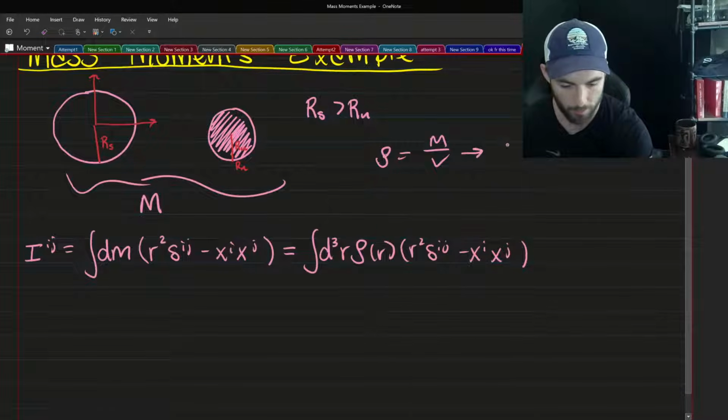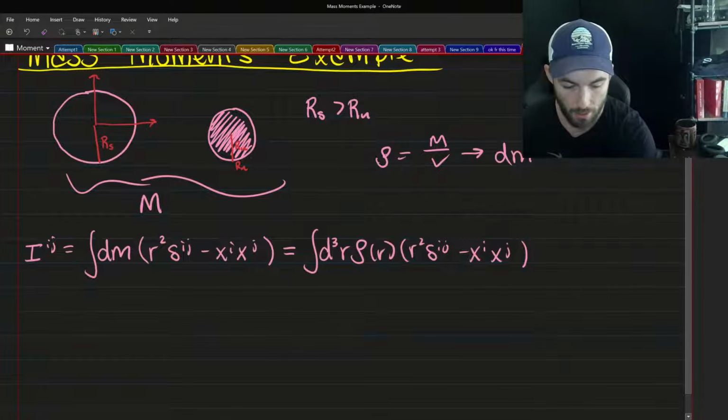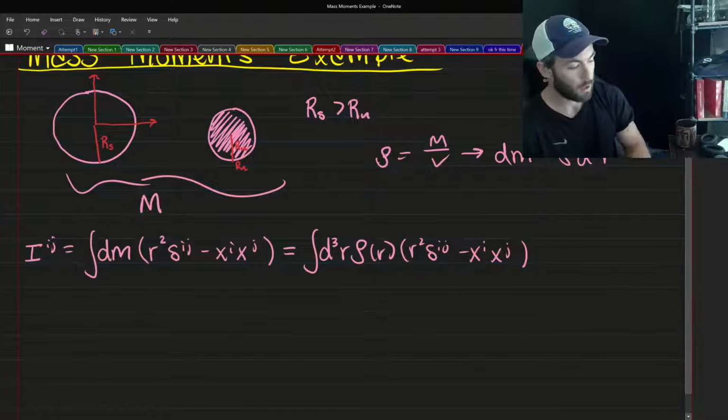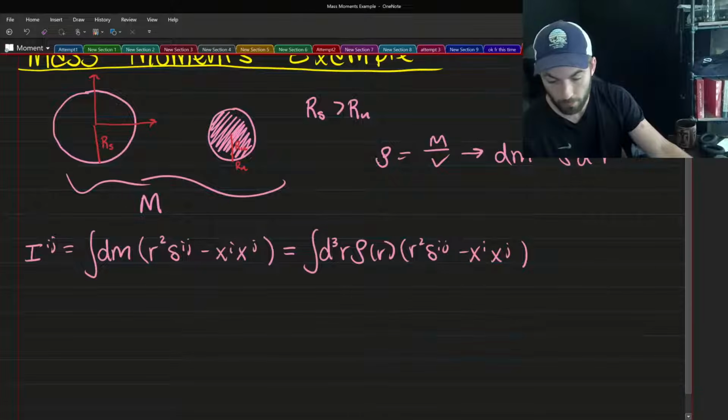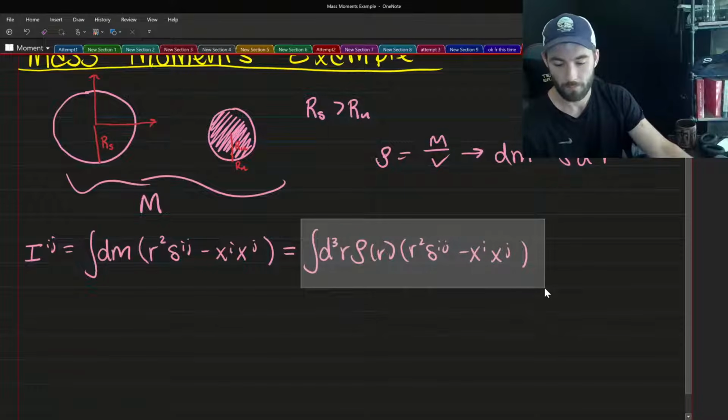So if I cross multiply and work infinitesimally, we get that dm is equal to rho d3r, the infinitesimal volume. If you've seen the inertia tensor, you've probably seen it this way, which is fine.